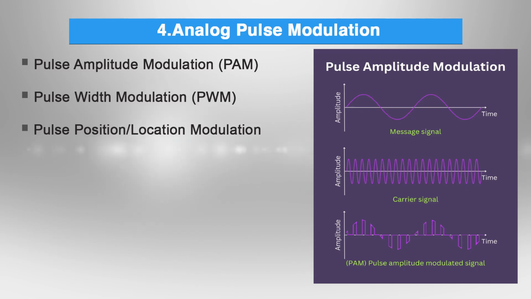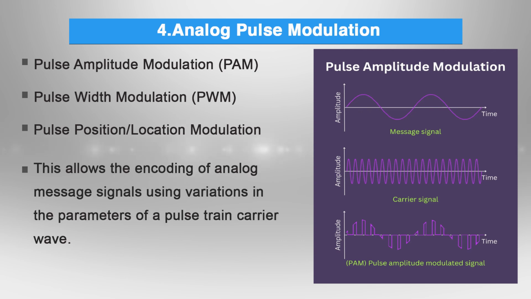In this type of modulation, pulse width is varied. Next is pulse position or location modulation. In this type of modulation, pulse position in time is shifted. This allows the encoding of an analog message signal using variations in the parameter of a pulse train carrier wave.